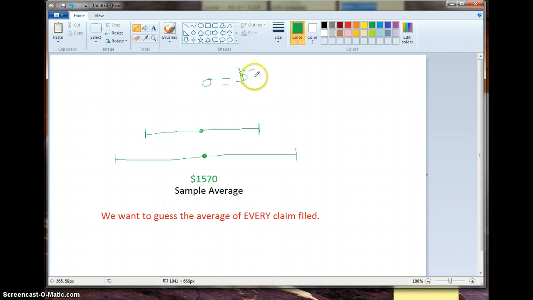So if we know what sigma is, if we know the standard deviation, we're dealing with 8.1. We're going to estimate the mean when we know what the standard deviation is. And if you look at page 342, that's going to be where the steps are to help you figure out how big an interval you need to get a good estimation of what the mean is.